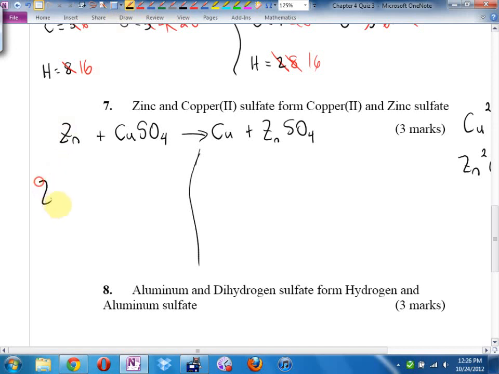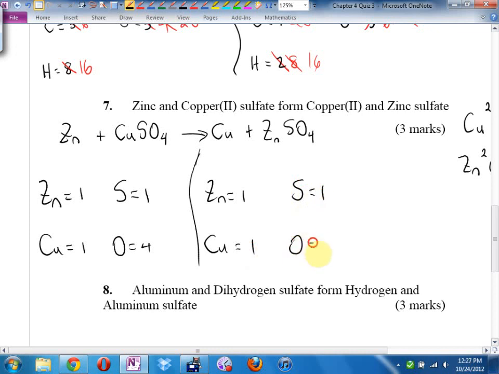How many zincs? 1. How many coppers? 1. How many S's? 1. How many oxygens? 4. I think this is balanced already, isn't it? Is it balanced already? Woohoo! For 3 marks, what I really had to get was the equation. That was the tricky part.